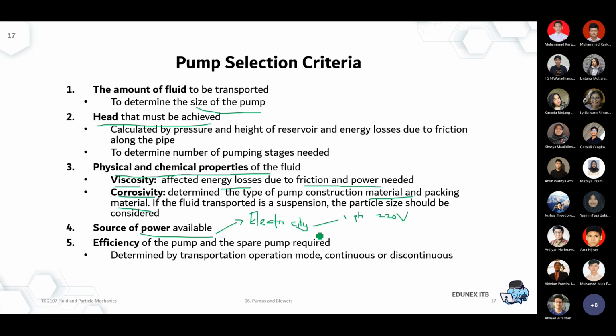Or sometimes for a very big pump, you use 3-phase, 380 volt, for example. Or for an even bigger pump, such as found maybe in the power generation sector, it's going to be 3-phase at medium or high voltage, more than 1500, I think, volt.